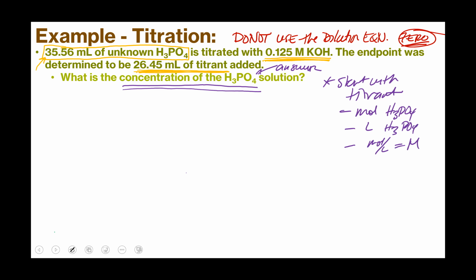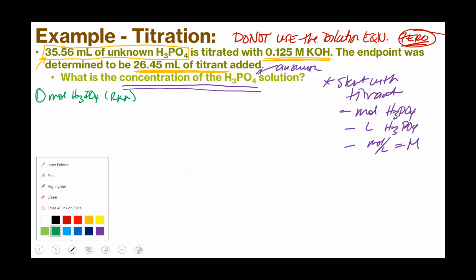So first up, moles of H3PO4. We're going to require a reaction. I didn't give us a reaction, so we need to come up with the reaction. We can do this. We know how to predict a neutralization reaction. Let's write it out.